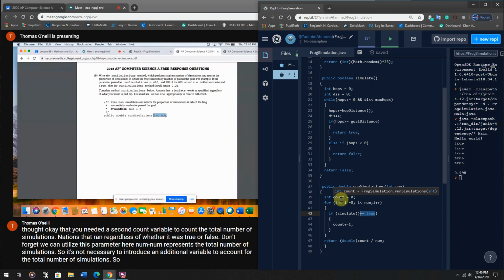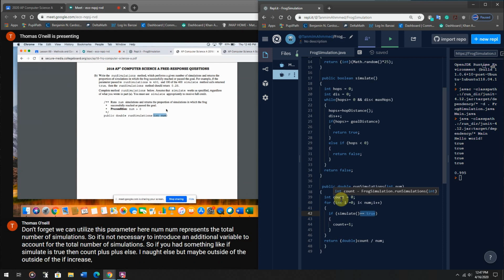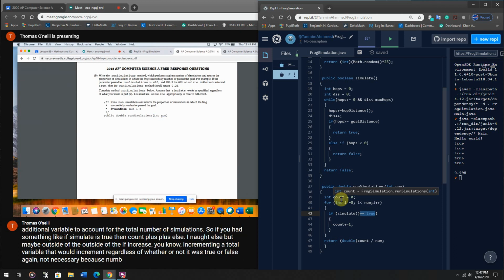So if you had something like if simulate is true, then count plus plus, and then outside of the if, incrementing a total variable that would increment regardless of whether or not it was true or false, again, not necessary because num represents the total number of simulations that will be run.